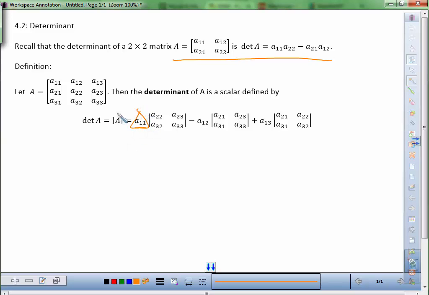If I use a triangle for A1, when you cross out the row and the column where A1 is, you have this 2 by 2 submatrix left over, which now you can find a determinant of. That all stems from knowing the determinant of a 2 by 2 matrix.